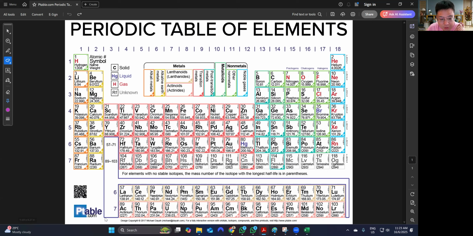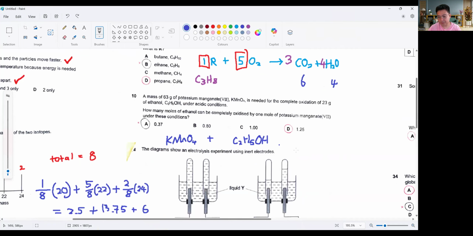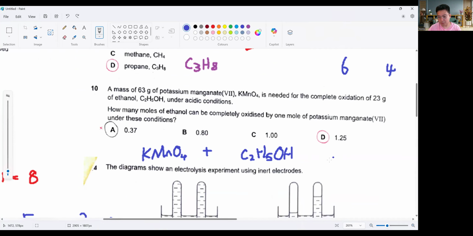Let's come back to the question. Just now we were finding potassium. We actually need a lot more space for this, so let me write it smaller.